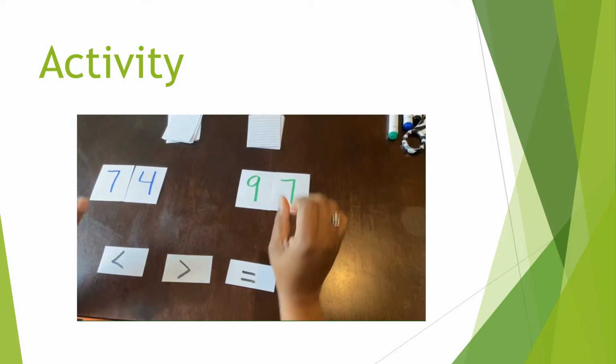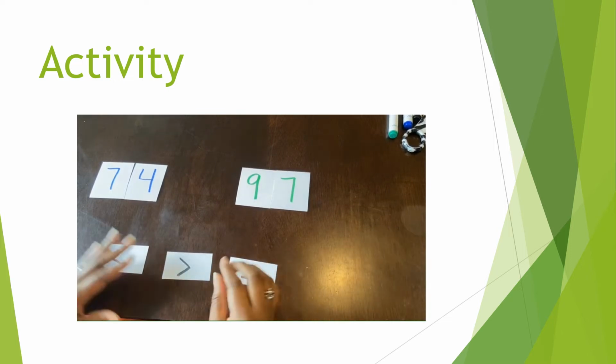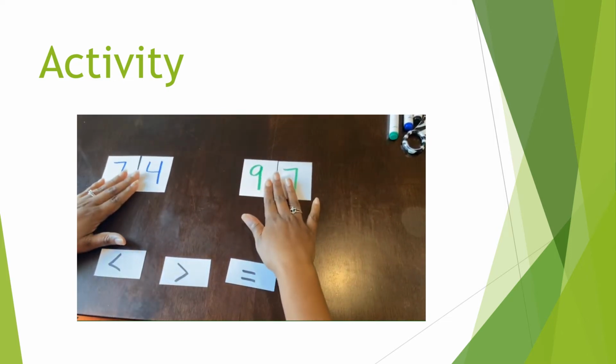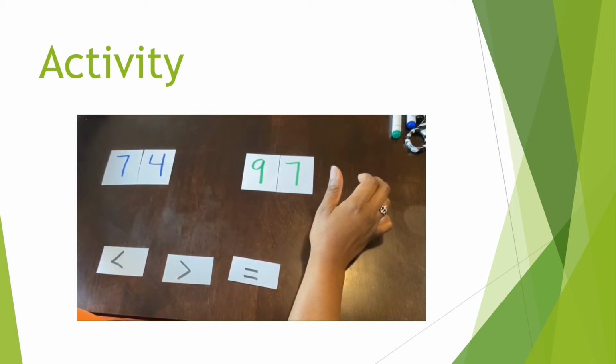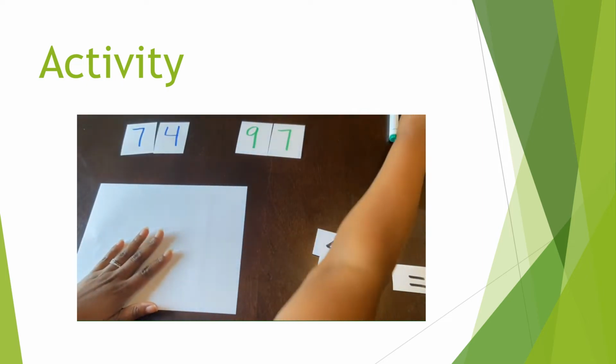Which number is greater? If you have your base 10 blocks, which is optional, you can use them. If you do not have base 10 blocks, you can get paper to draw it out. I'm gonna use a piece of paper first.